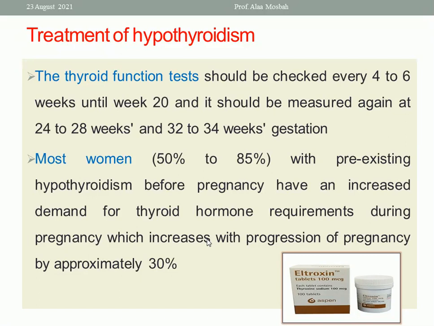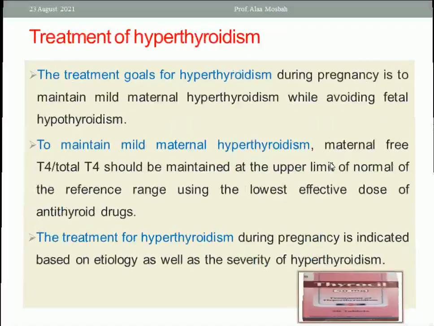So you expect the increased requirement of levothyroxine with the advancement of pregnancy. That's why you check TSH during pregnancy, to know if the patient is controlled or not. If the patient is not controlled, you can increase the dose of thyroxine.